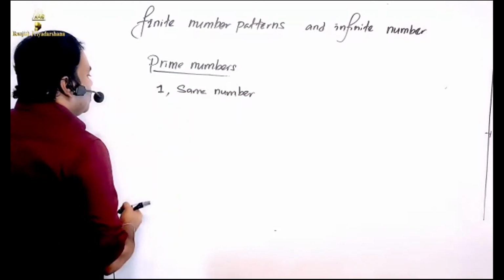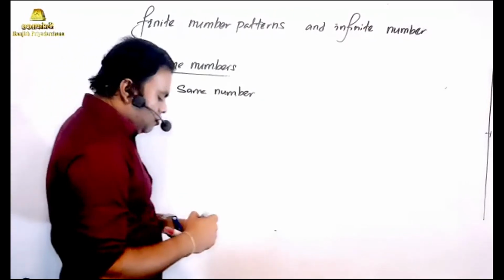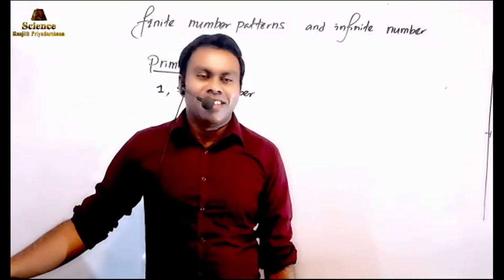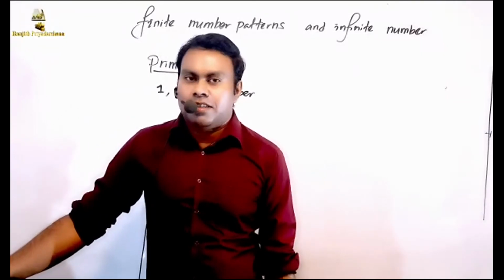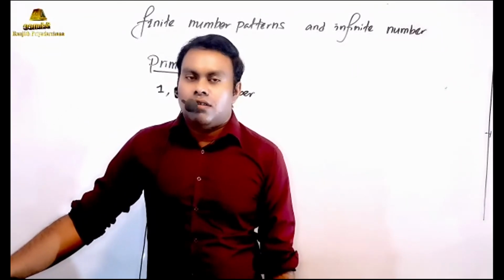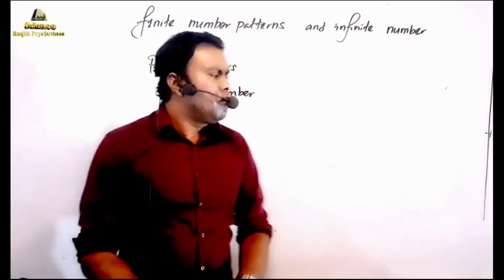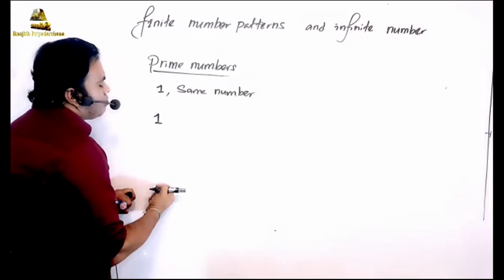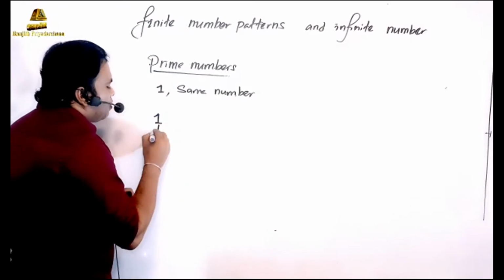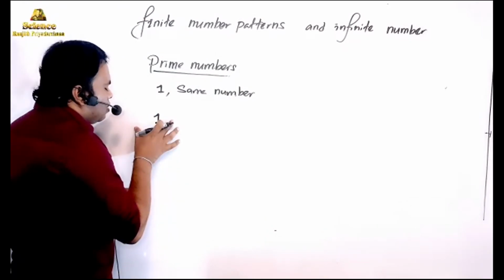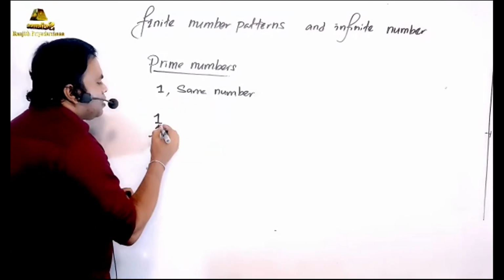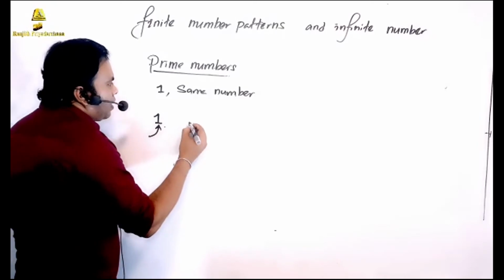So we consider prime numbers. Tell me, do you know the prime numbers? 2, 3, 7, 11. So why don't you take 1? Because it is divisible by 1 and the same number, but it does not have two factors.